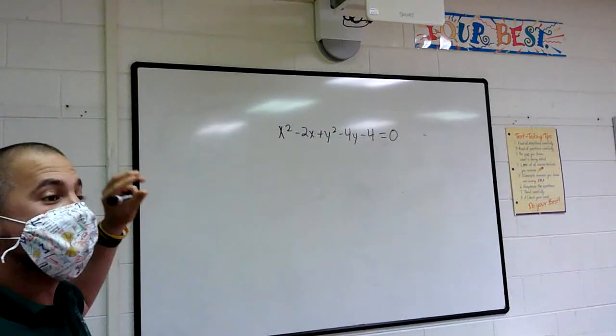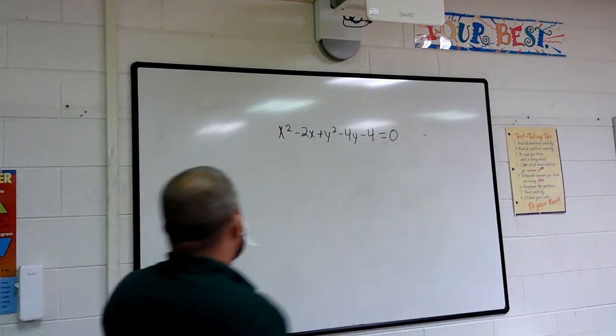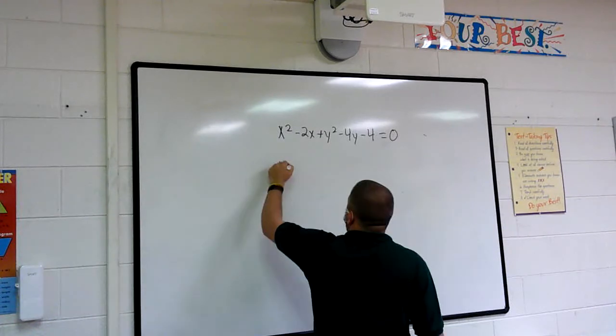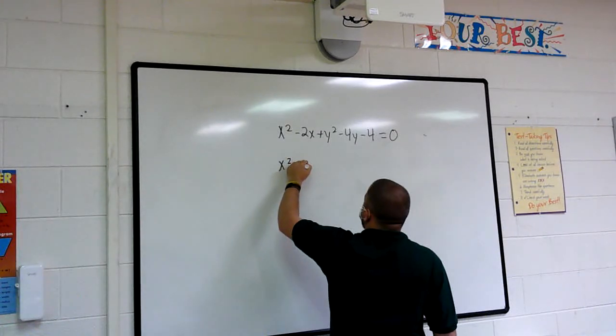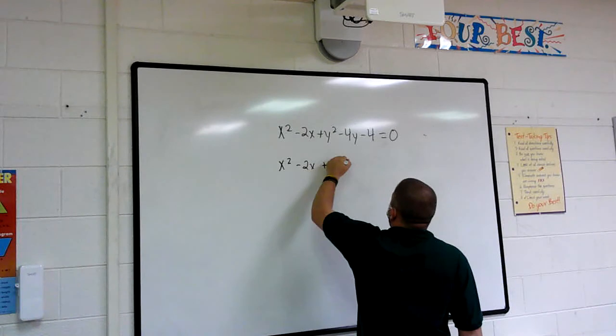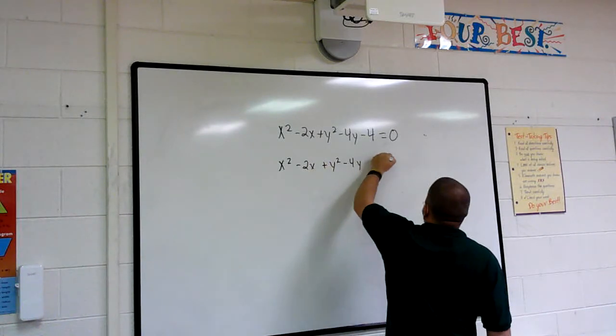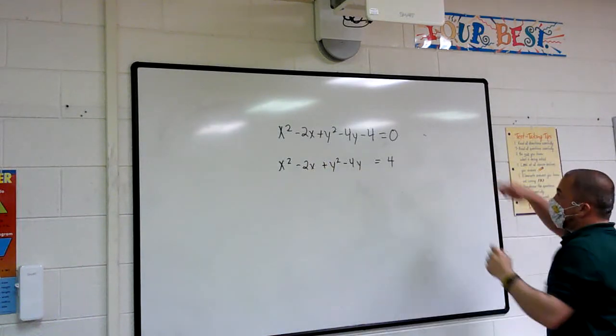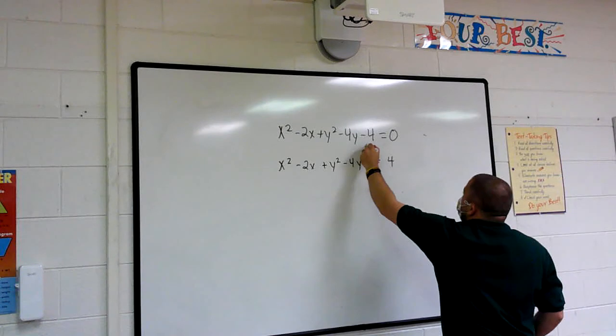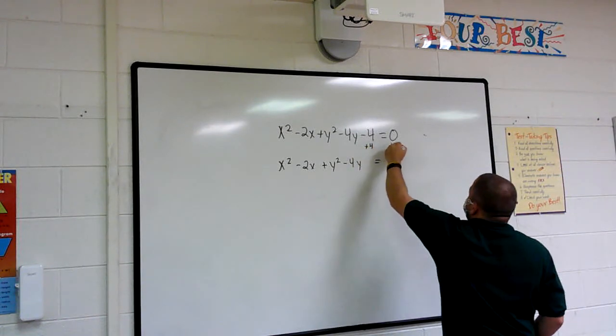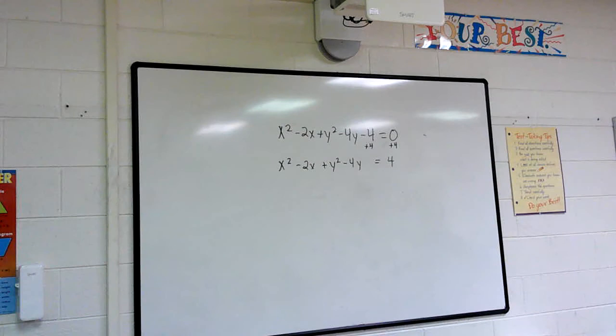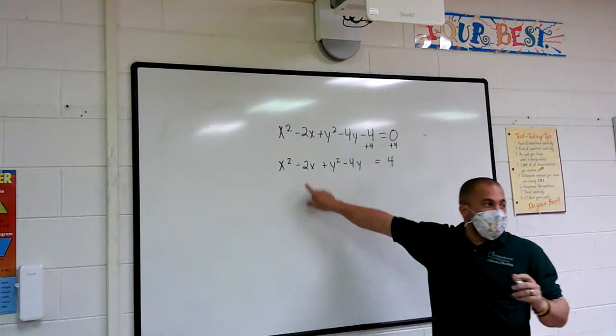Step 1 is move the number over. So I'm going to leave it as x squared minus 2x and y squared minus 4y. It's going to be equal to positive 4. So I've added the 4 to the right side. Okay, now I'm going to have to complete the square twice. So I'm going to take numbers that work nicely in this problem.